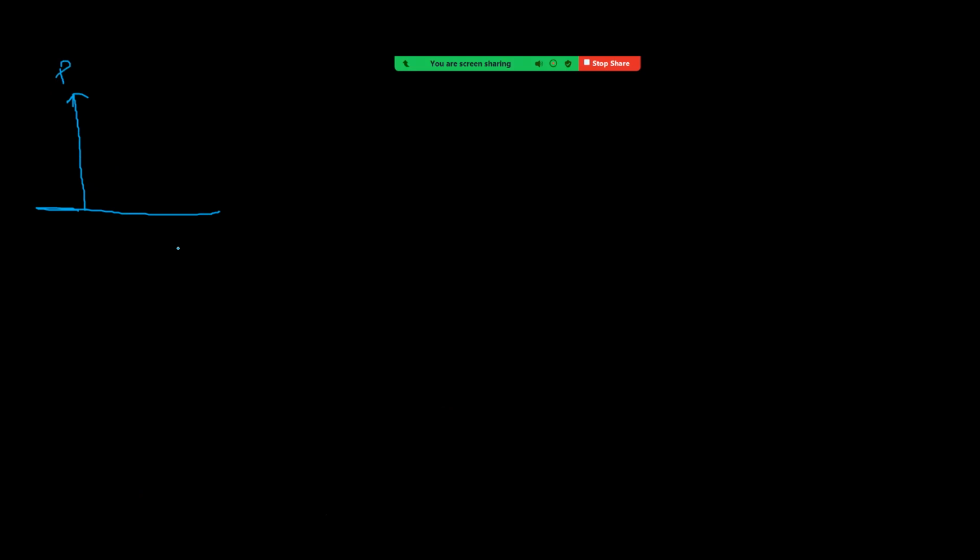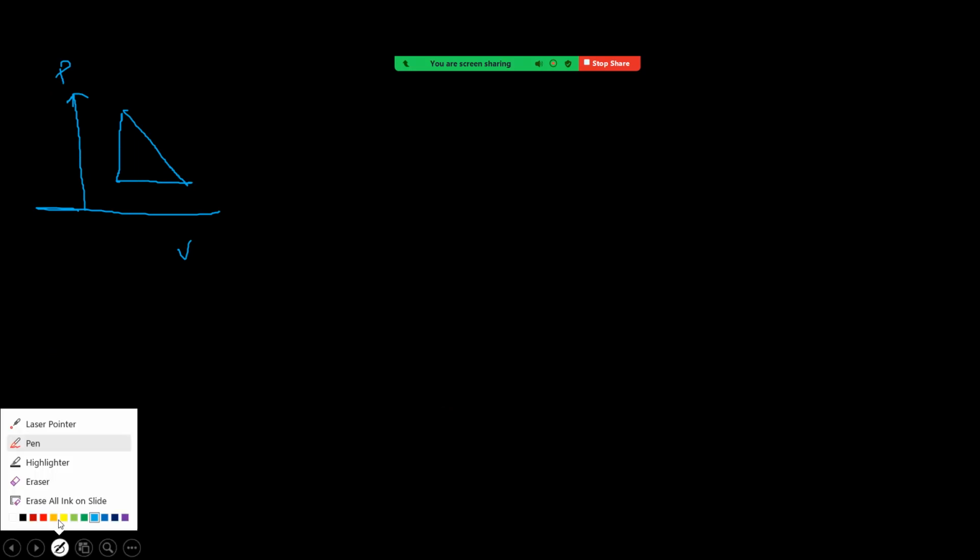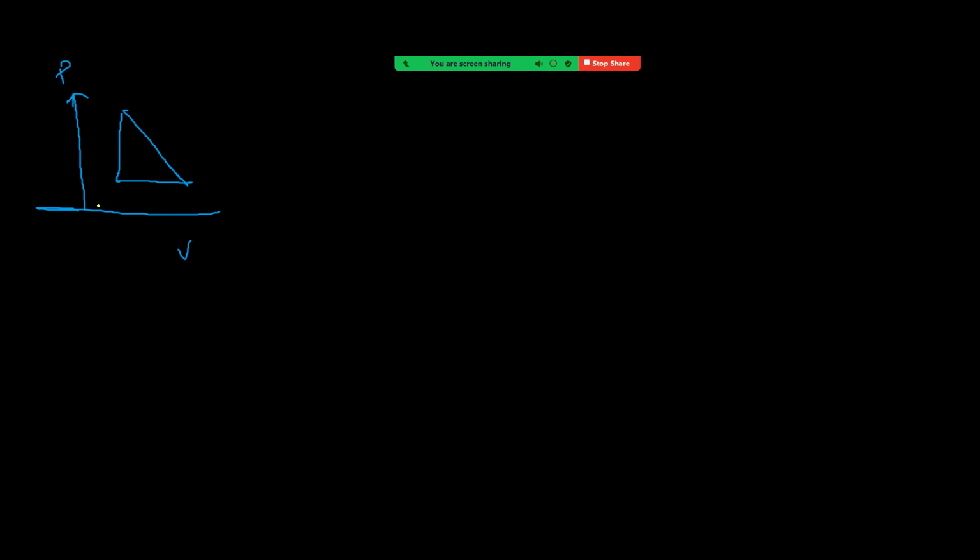Corresponding to this one, volume is V naught, and this is 2 V naught, and this is a P naught pressure, and corresponding to this, it is 3 P naught. So A, B, and C.